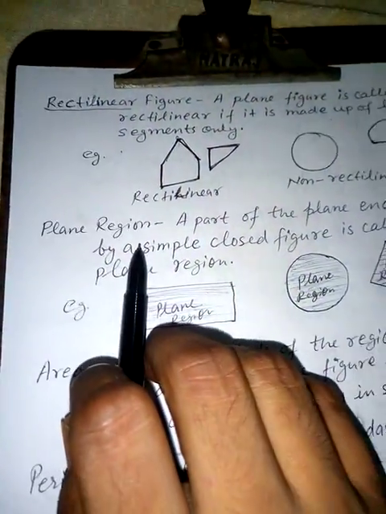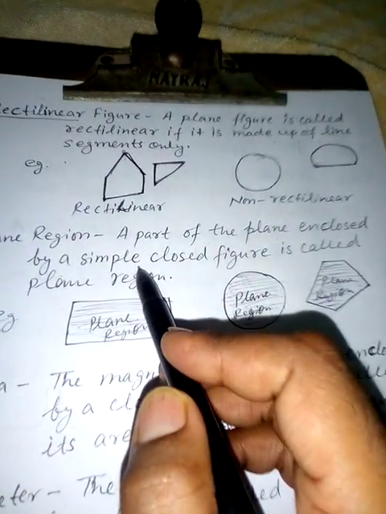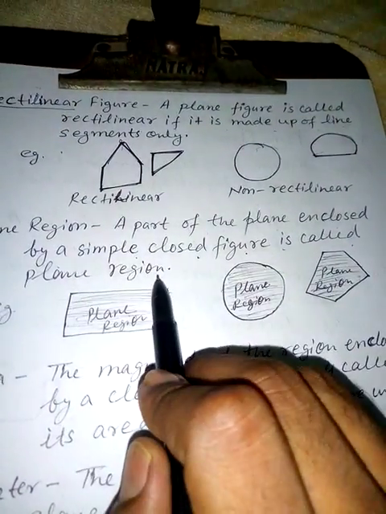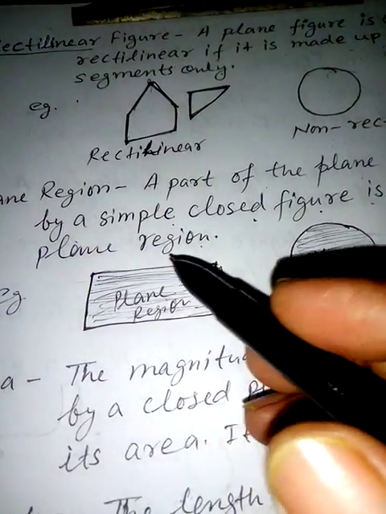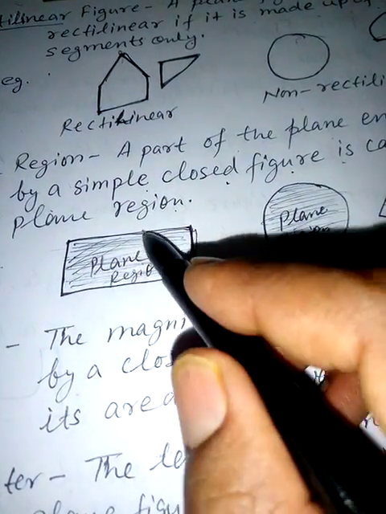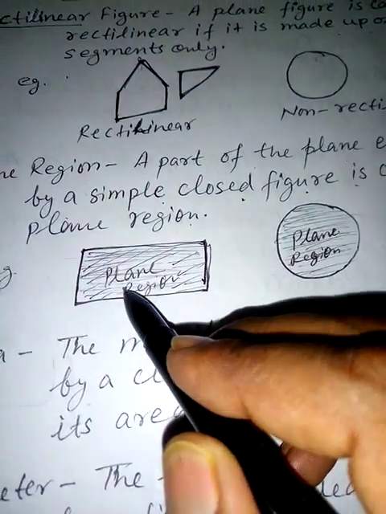Now, plane region. A part of the plane enclosed by a simple closed curve figure is called a plane region. You can see here, this is a rectangle, and this is the region enclosed by this rectangle, but the rectangle and the region enclosed together form a plane region.